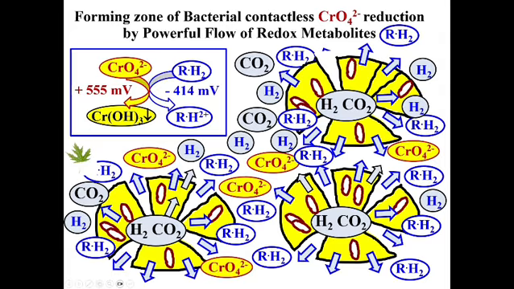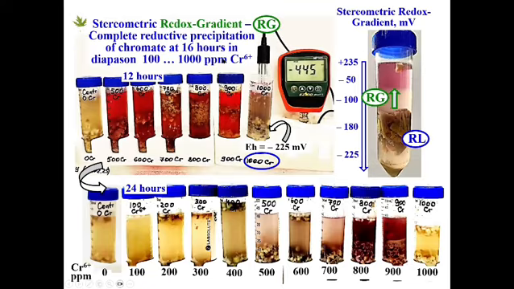Here one can see the creation of a contactless zone with chromates. It means that it does not matter what the concentration of chromates in these solutions is. And here you can see the confirmation.